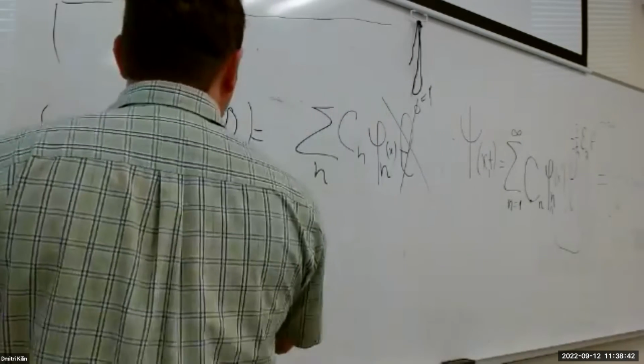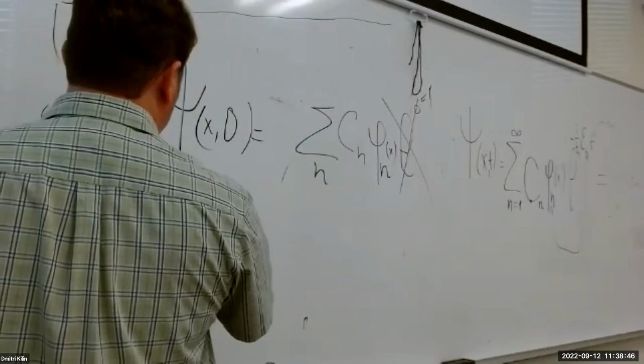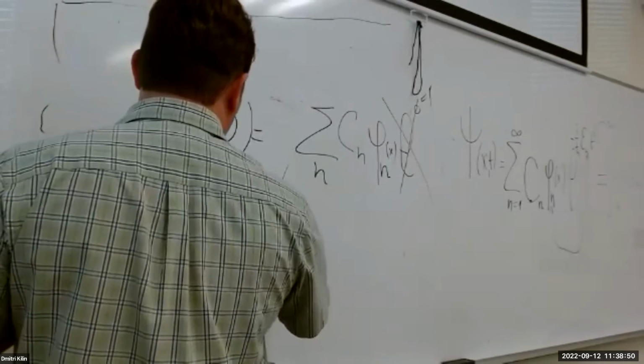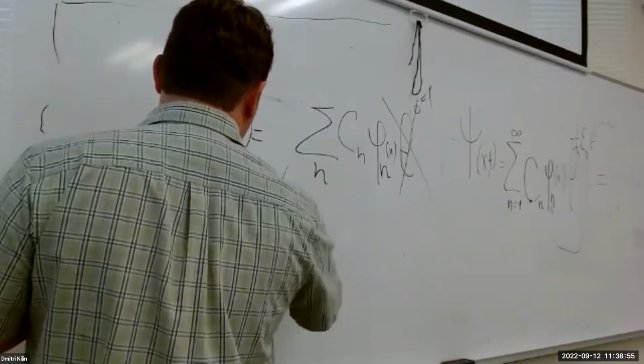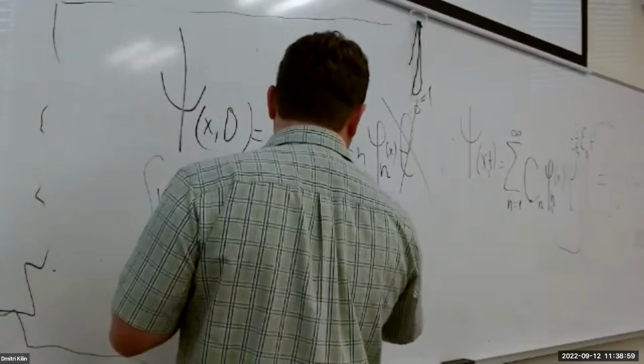So we did agree that the integral of phi sub m star of x, phi sub n of x dx should be either 1 or 0, right?